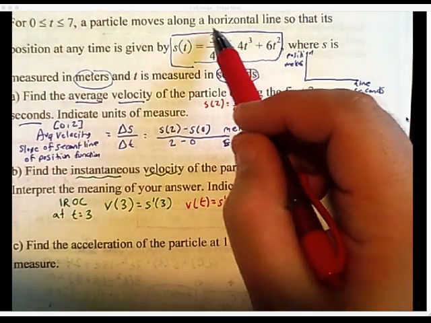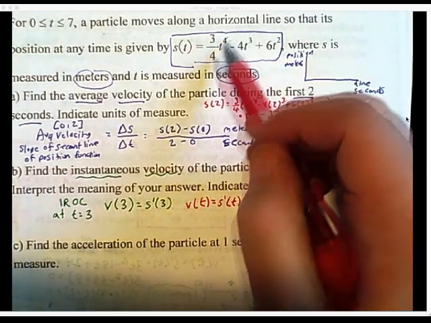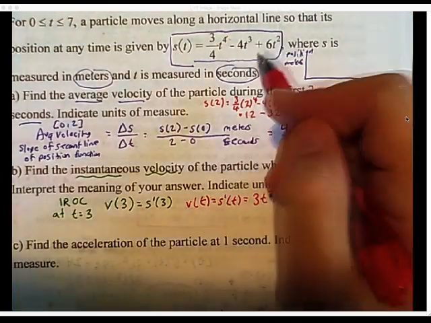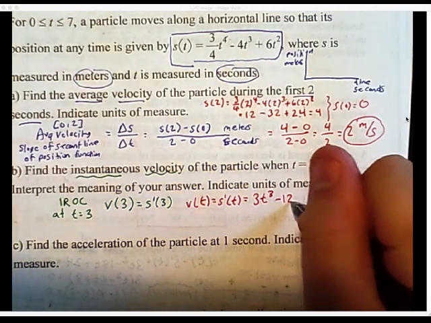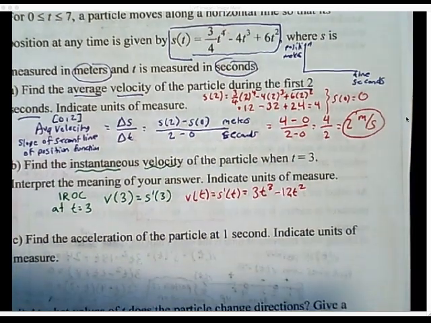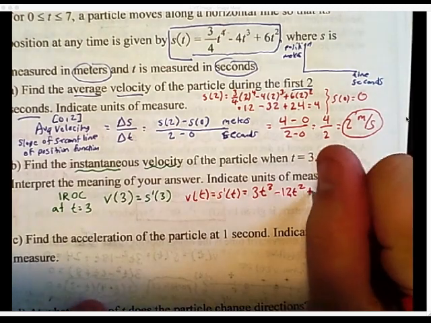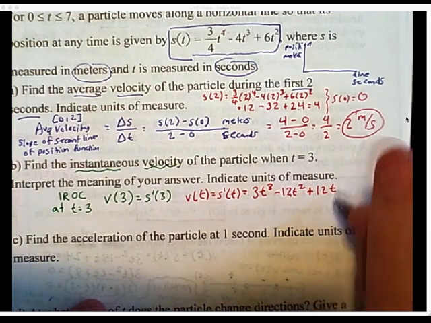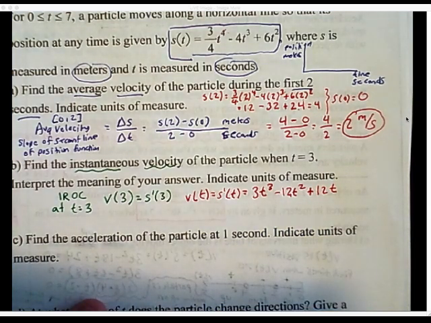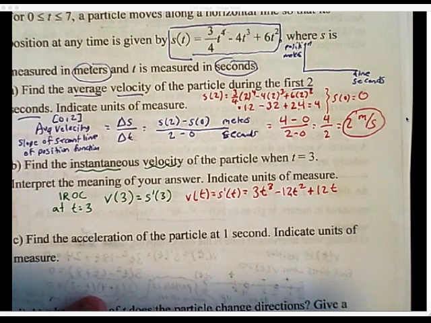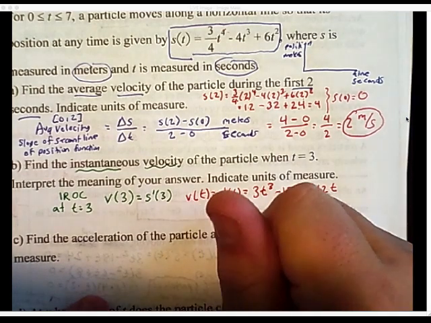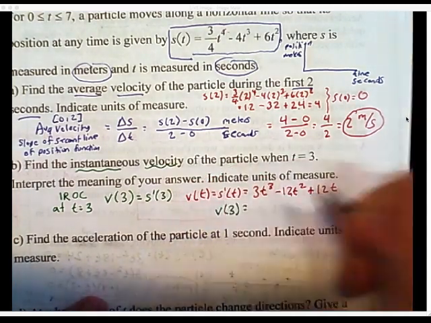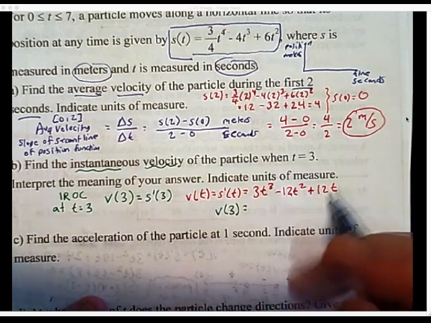So I take 3/4 times 4. The 4s knock out, so that would be 3t cubed. The derivative of this term would be negative 12t squared, plus the derivative of this term would simply be 12t. I'm asked for v of 3. Everywhere I see a t, I'm going to plug in 3.